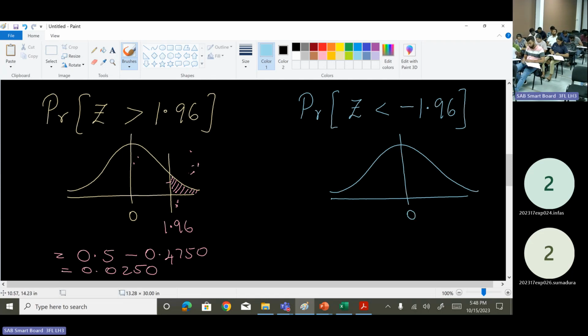Minus 1.96 we have to mark as a negative value, so it will be on the negative side. Less than that means we want this region. So we have a left side region. The table again gives only the right side region. But the structure is symmetric. So if you have an area on the right side or the same area on the left side, it will be the same because of the symmetric property.